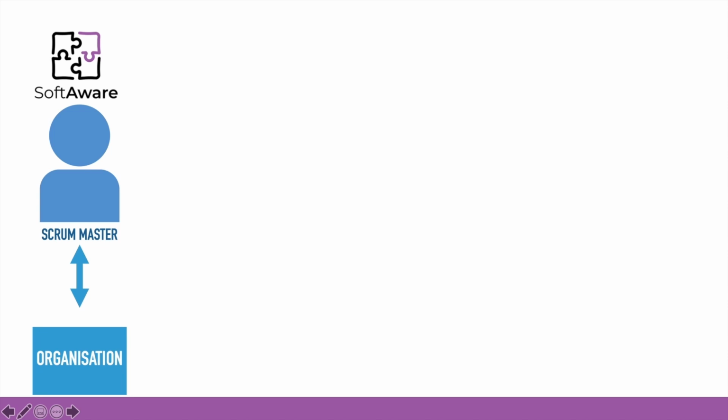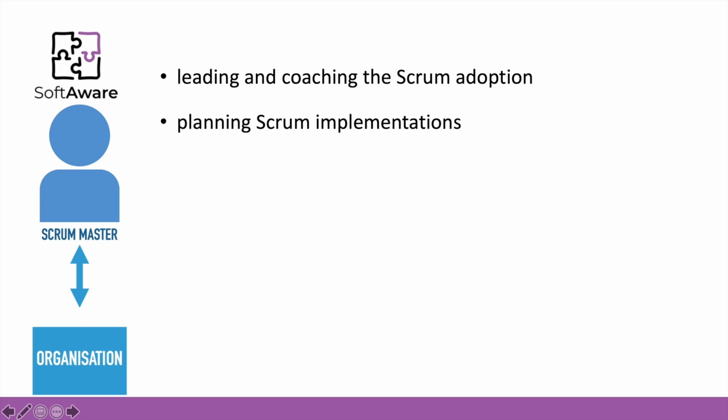Inside of an organization, a Scrum Master is someone that should lead and coach on the Scrum adoption by the entire organization. The idea is to plan specific Scrum implementations so that in the future, those Scrum implementations can scale up to the entire organization.